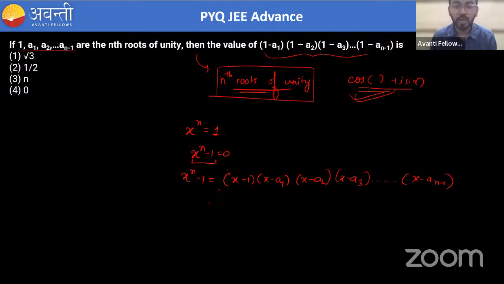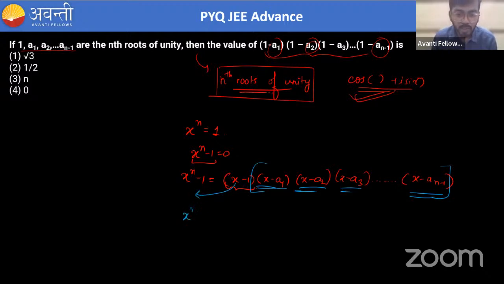Since in the question only the a1 part, a2 part and up to an minus 1 part is there, we have to keep this part till the end in our equation, and that is why I will be taking this x minus 1 below.